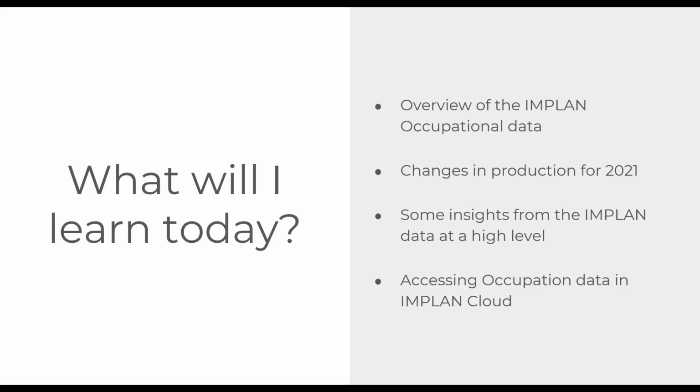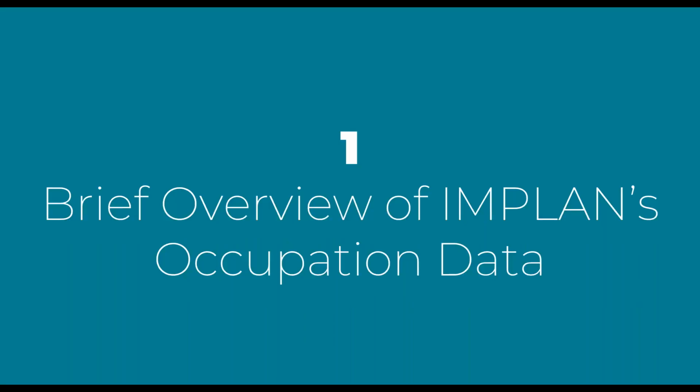We'll just look at some national examples. Finally, we'll provide a walkthrough of how to access the occupation data in IMPLAN software and hopefully have a couple minutes left over for your questions.